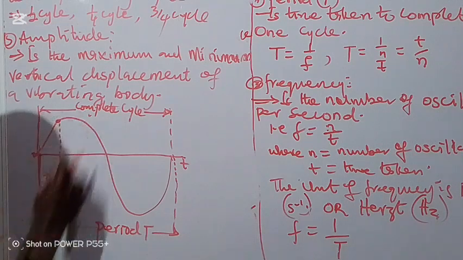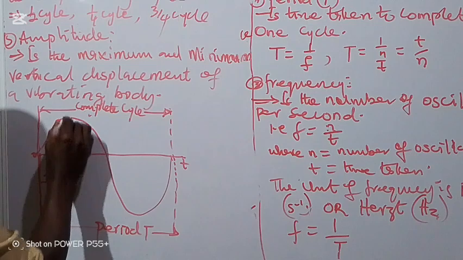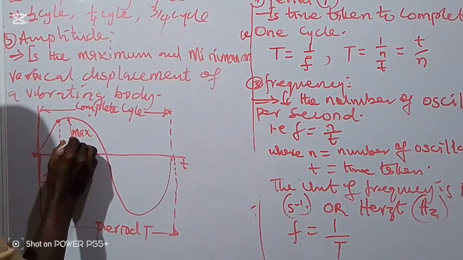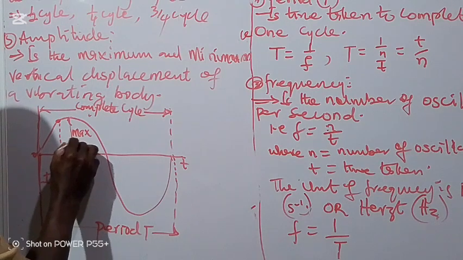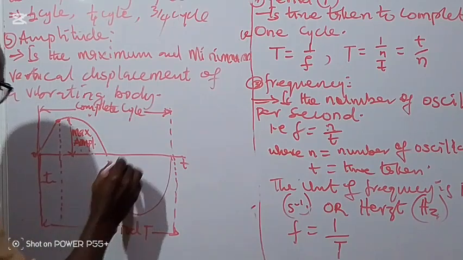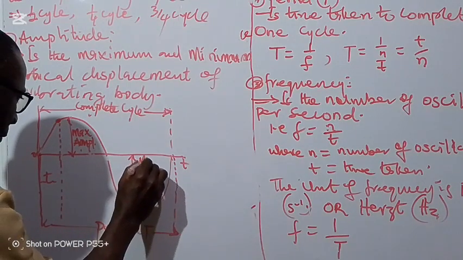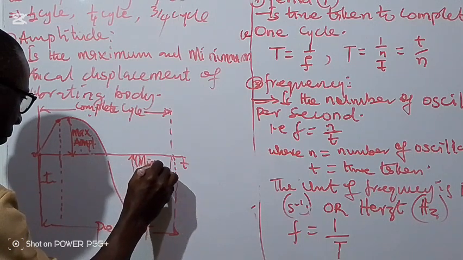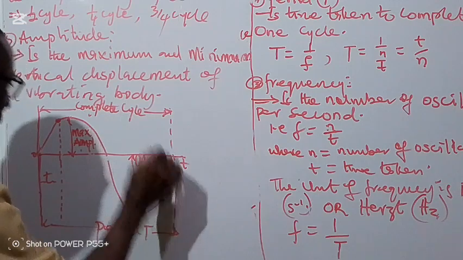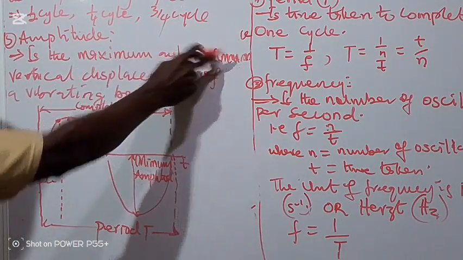Now, when you look at it, we say amplitude. From here to here, this is the maximum amplitude. From here to here, this is the minimum amplitude. That's why we define amplitude as the maximum and minimum vertical displacement.